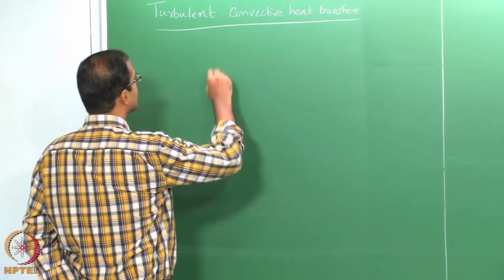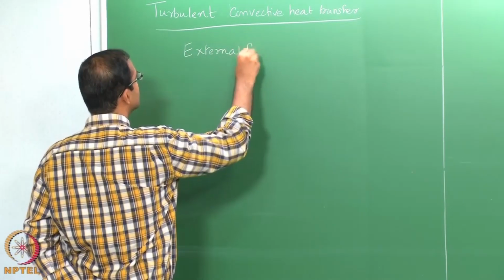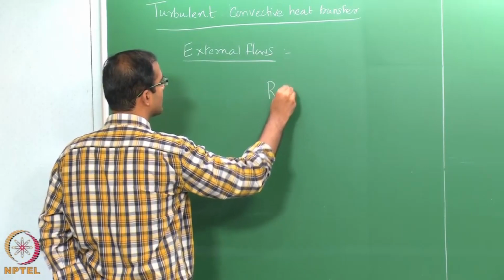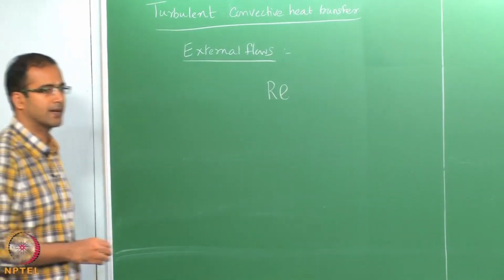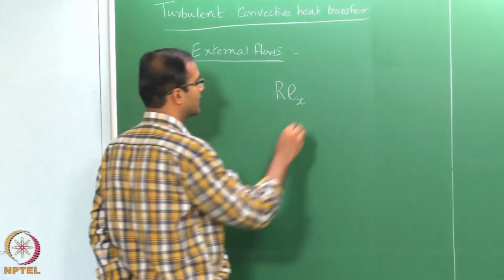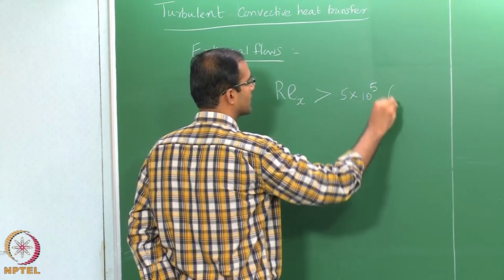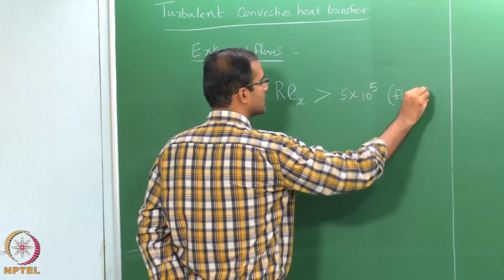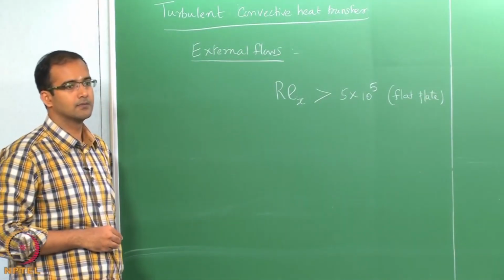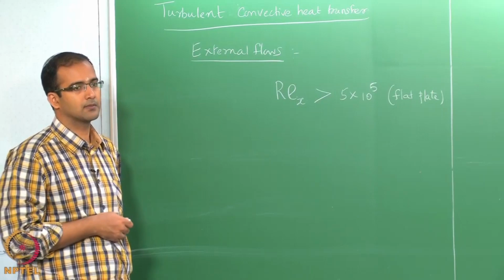If you look at external flows, we use the definition of the local Reynolds number, and generally if this local Reynolds number is greater than 5 into 10 power 5, this is for the flat plate, the flow tends to change from the regular streamlined laminar pattern to a more chaotic turbulent pattern.